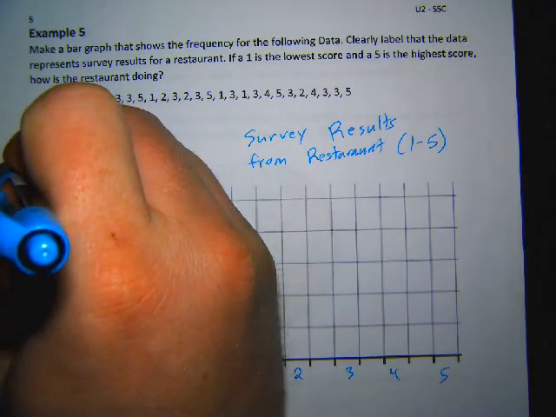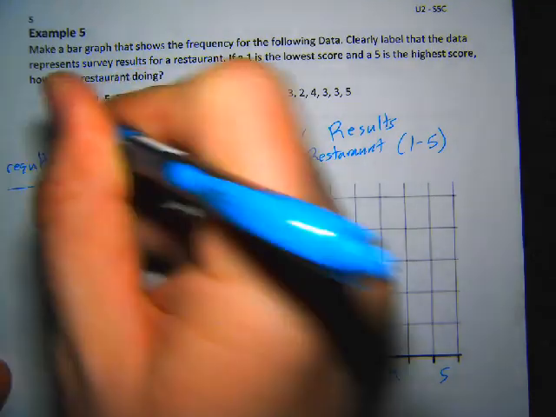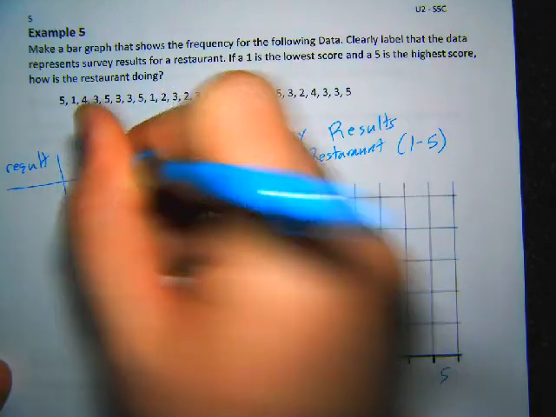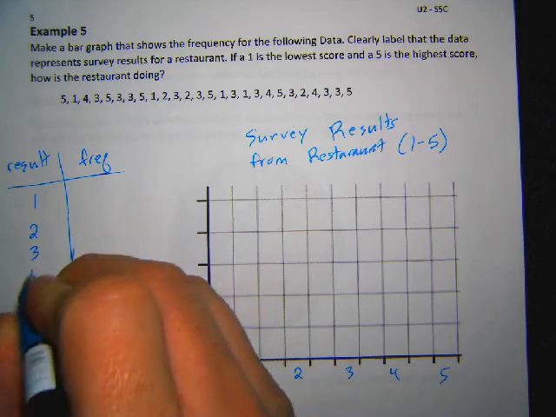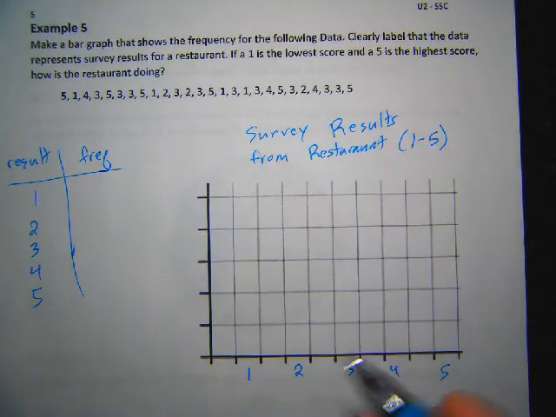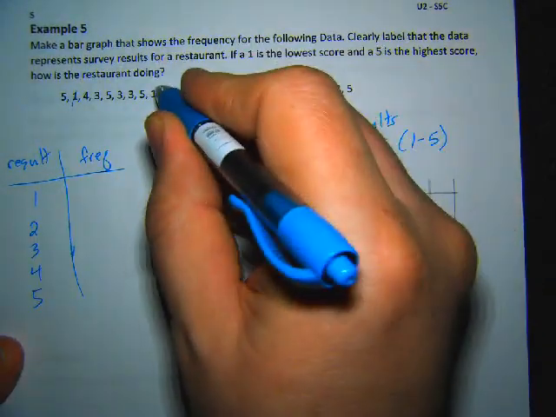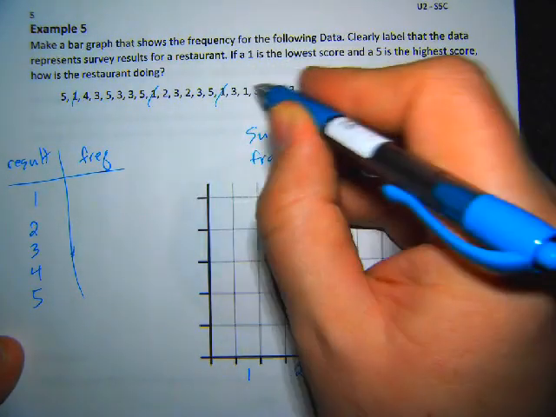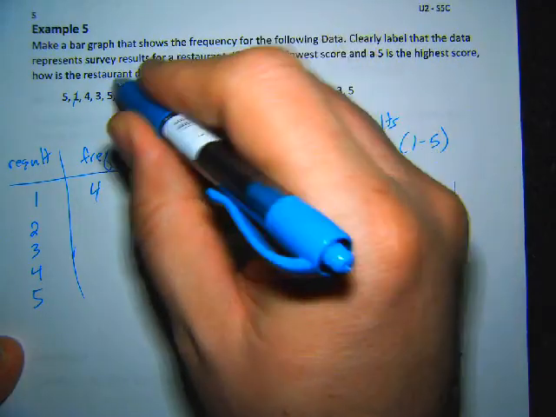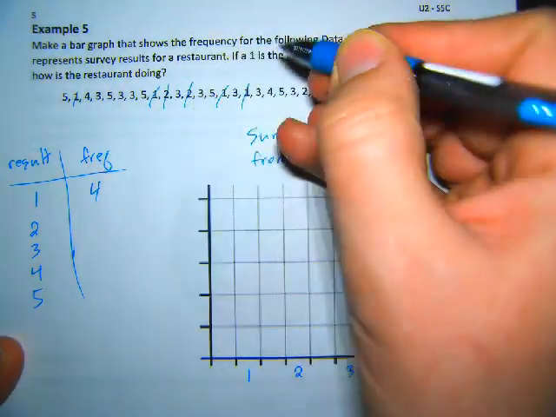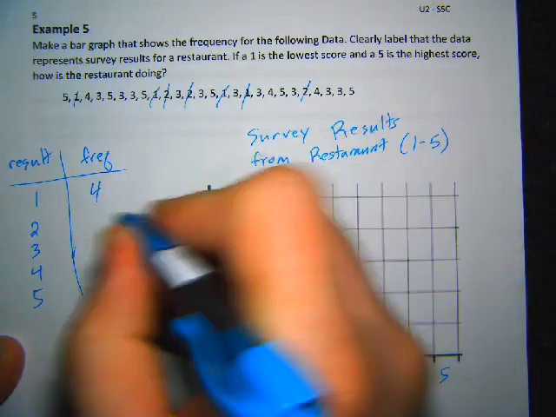So, result, and then the frequency. And of course, we're going to have 1, 2, 3, 4, and 5. And let's count those. So I have 1, 2, 3, 4 ones. For 2s, I have 1, 2, 3 2s.